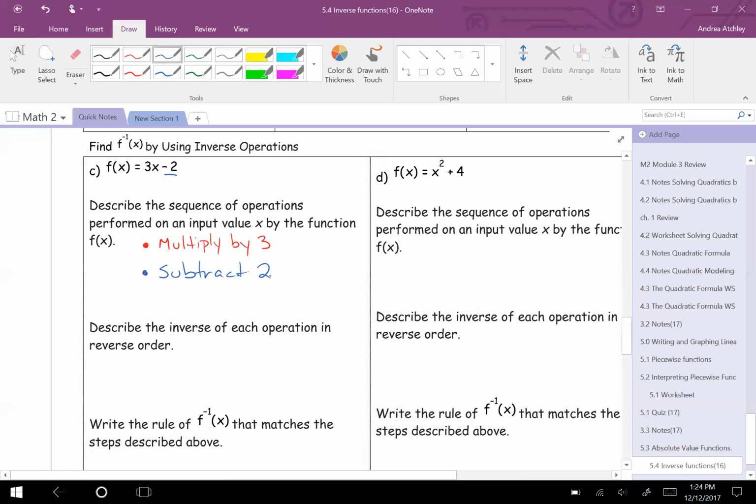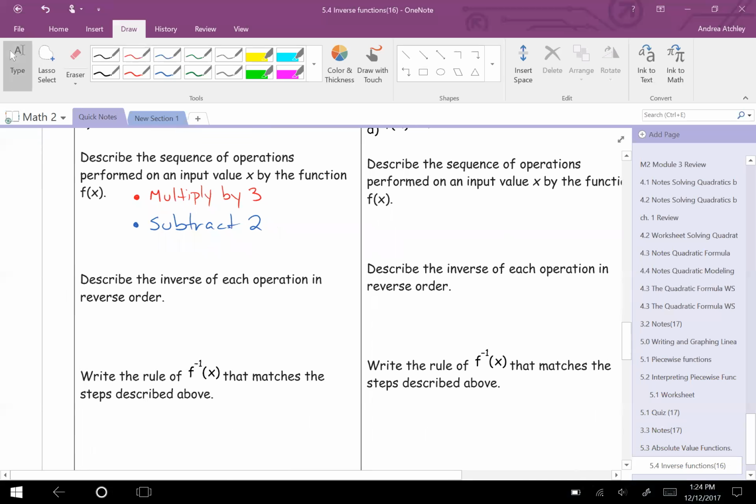Since inverse functions are just undoing each other, to find the inverse, I'm going to describe the inverse of the operations in reverse order. So I'm going to give the opposite operation, or the inverse operation, and in the reverse order. So I'm going to start now with the one I ended with. What is the inverse of subtraction, class?